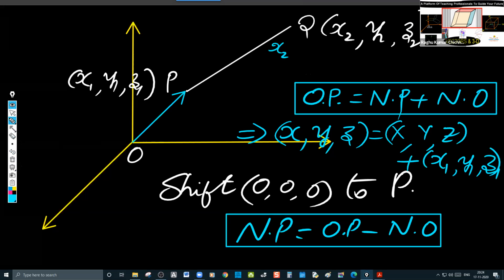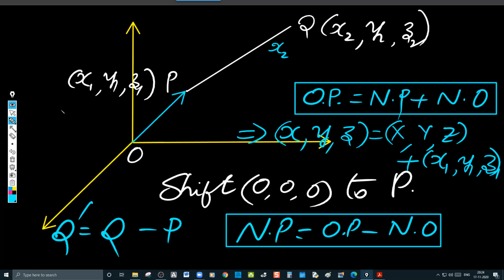I repeat here. What is the new point of Q we need? Let me write this new point as Q dash. Q dash will be original point Q minus new origin P, so it is nothing but Q minus P. Kaushik, are you there? Yes, sir.